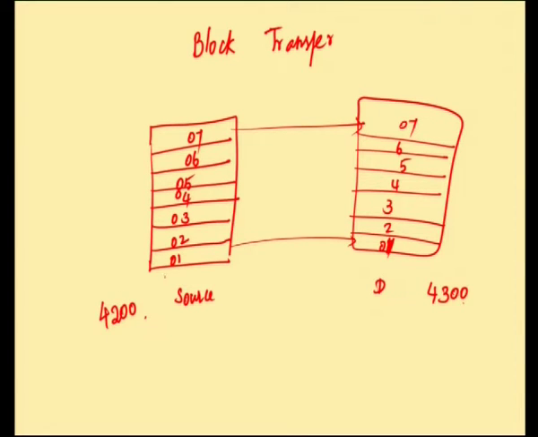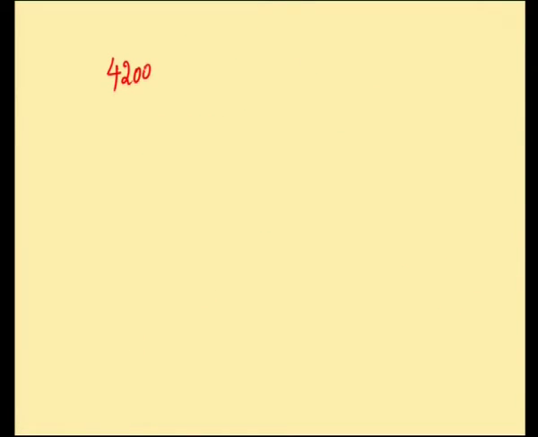Then the next address 4201 should be moved to 4301. So, take the source address as 4200. I want to load 8 data, so I need 8 addresses. I started with 0, so 0 to 7 I need.